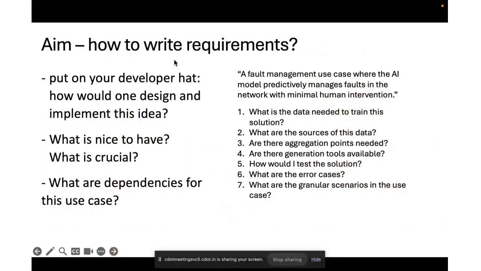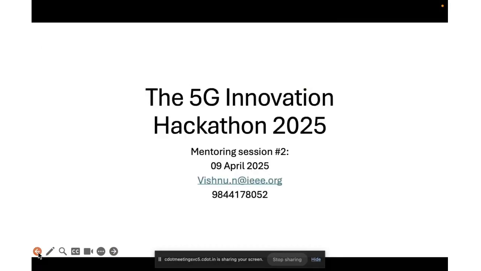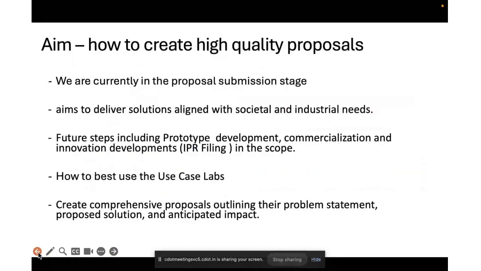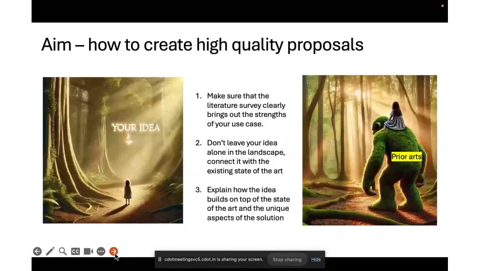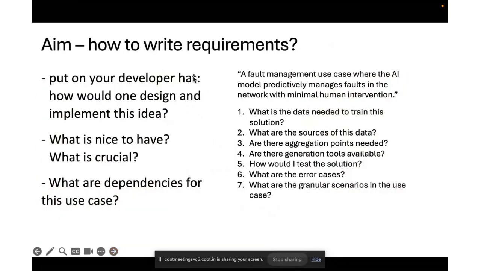That means how to write good requirements will determine whether your idea has potential at a later point of time for filing as IPR included, isn't it? So if you write good requirements, then it makes sense to later develop this innovation.